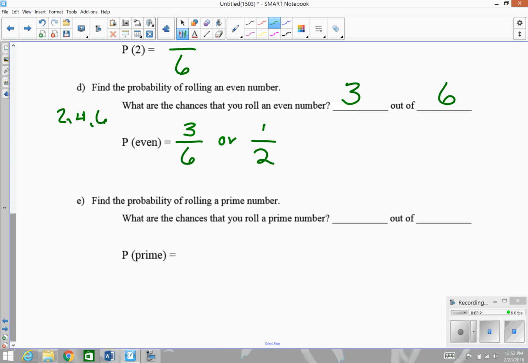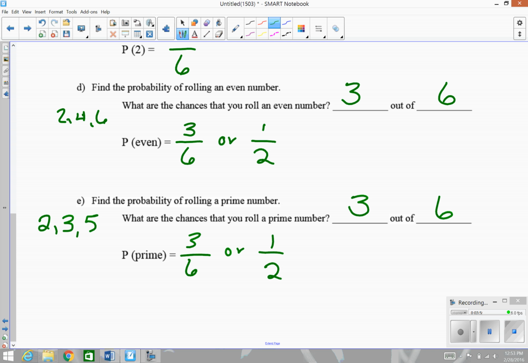So the prime numbers, if we look at 1, 2, 3, 4, 5, 6, they are 2, because the only numbers that go into 2 are 2 and 1. 3, because the only numbers that go into 3 are 3 and 1. And 5, because the only numbers that go into 5 are 5 and 1. So there's 3 prime numbers out of 6. So again, our probability is 1/2.